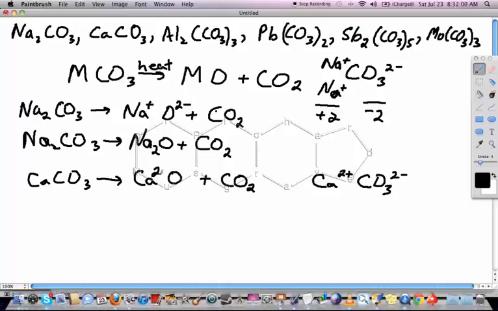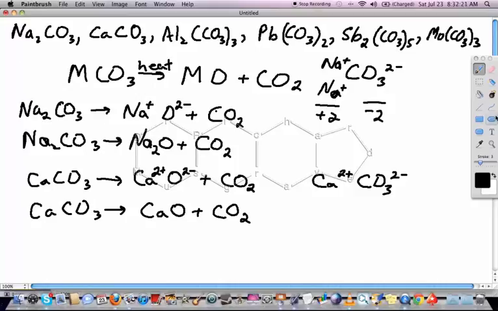So that's going to be calcium 2 plus, and that's going to be O2 minus. So CaCO3 gives CaO plus CO2. And as you can see, that's already balanced as well.